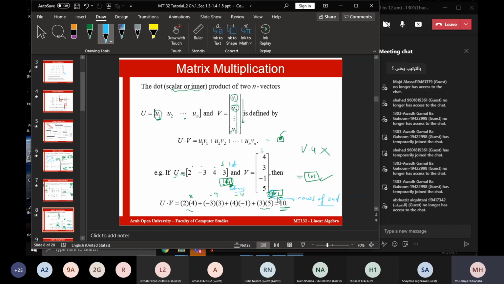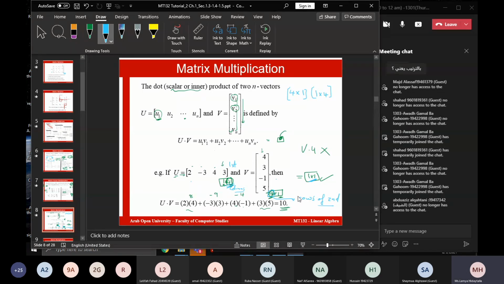But if it were the opposite, if this is 4 times 1 times 1 times 4, is it possible? Yes, you can. In this case you can multiply V times U. But what is the result? What do you think? Am I going to get only one element like that?